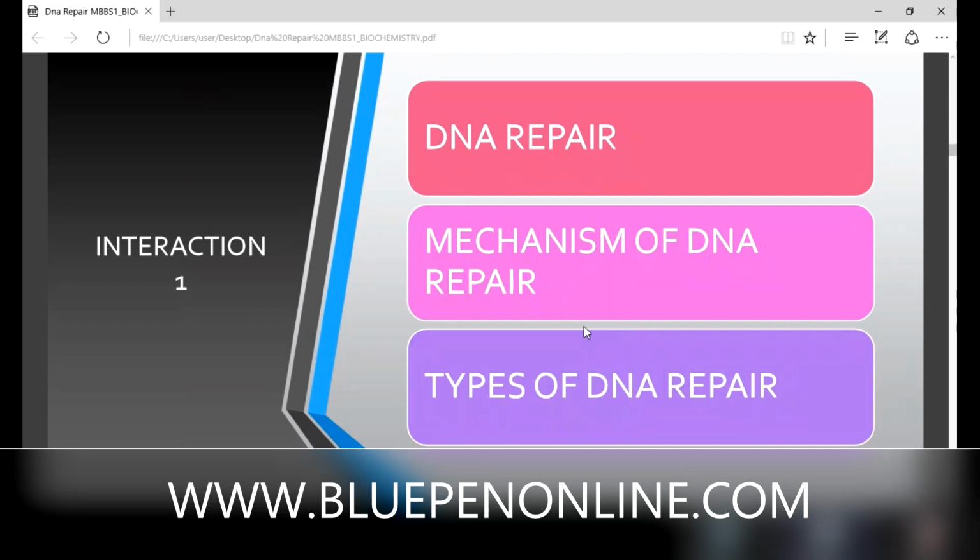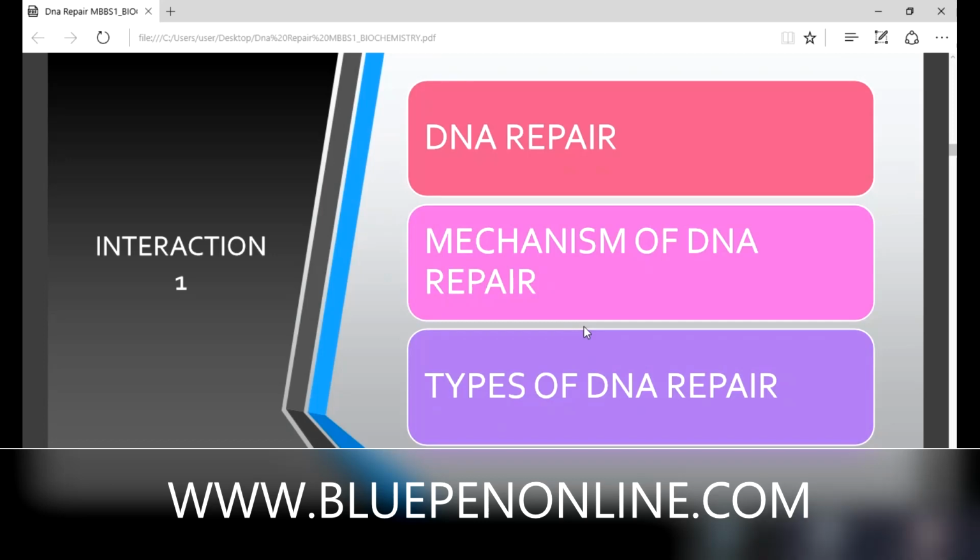Then there is filling of gaps by which enzyme? Normally, in case of replication, DNA polymerase enzyme generally fills the gaps. Then what about the nick? Ligase enzyme joins the nick.